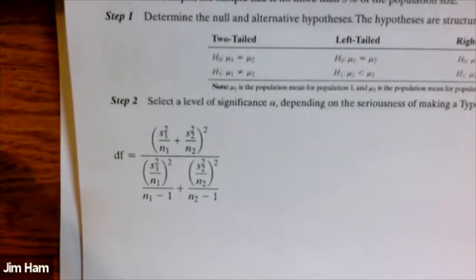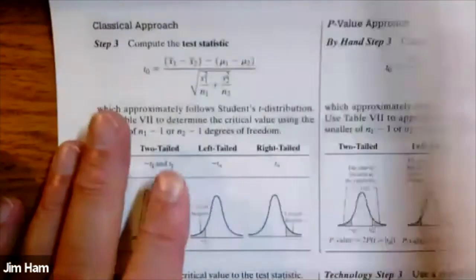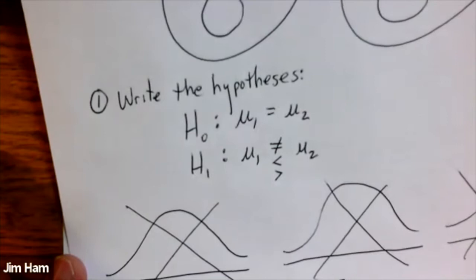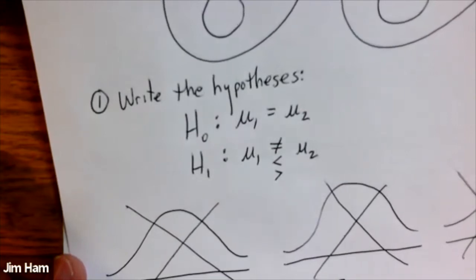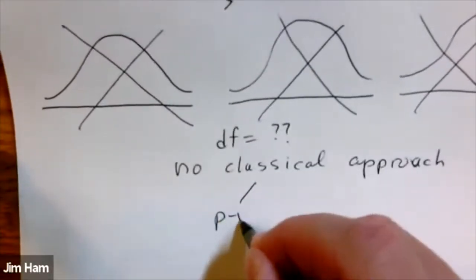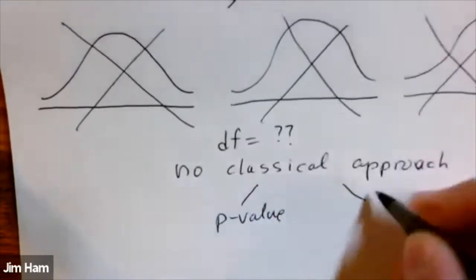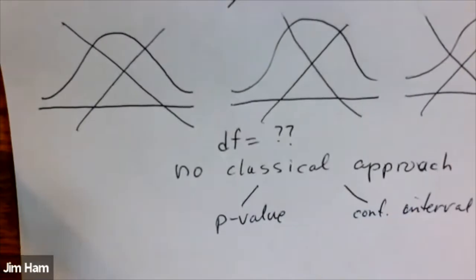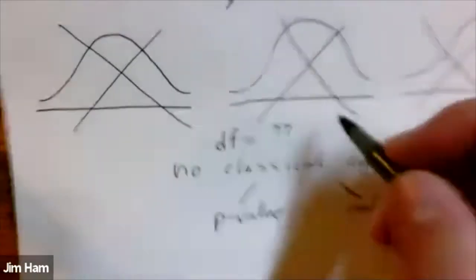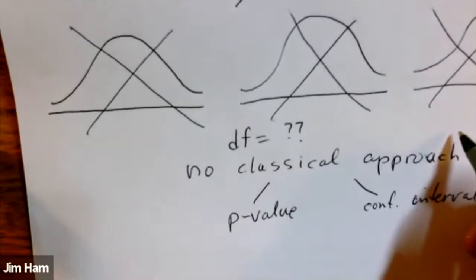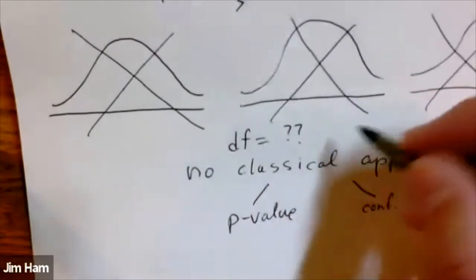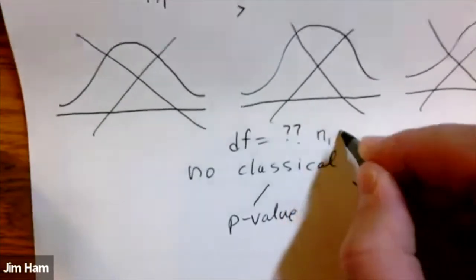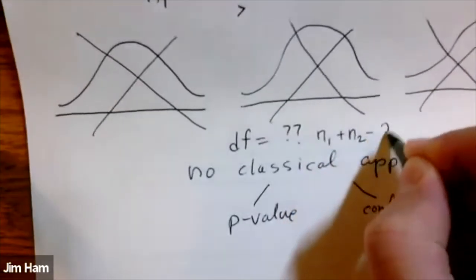So what we're going to do in this section is we're going to use the p-value approach. So I'll just say no classical approach. There is one, but we're just not going to use it. So that means we're left with the p-value approach or the confidence interval approach. Generally, the degrees of freedom, if you want it, is going to be something like n1 plus n2 minus 2.